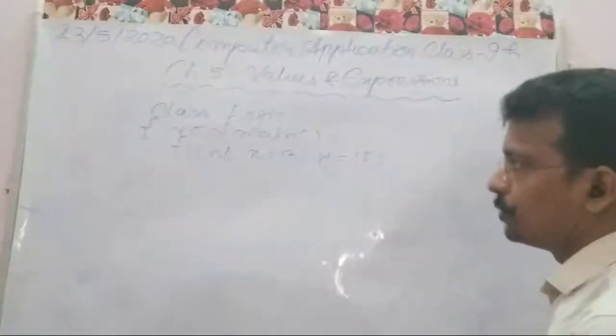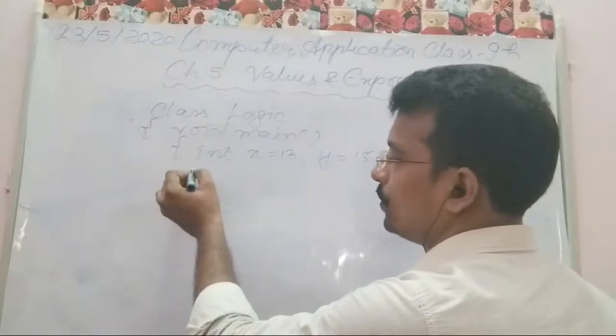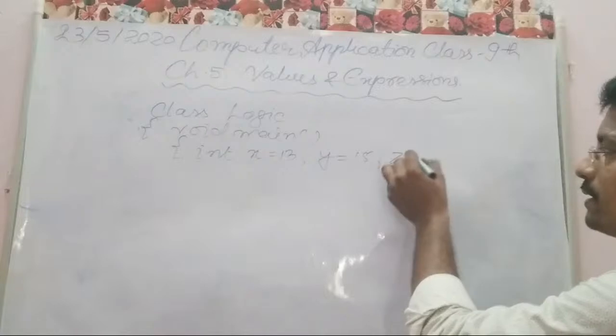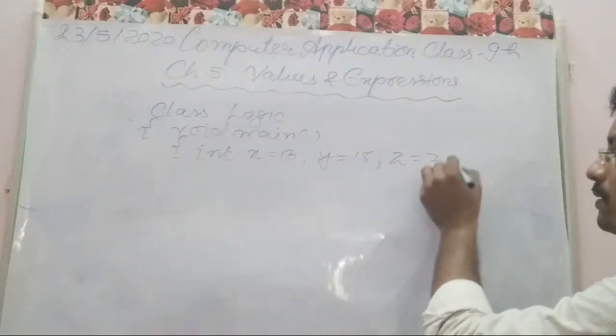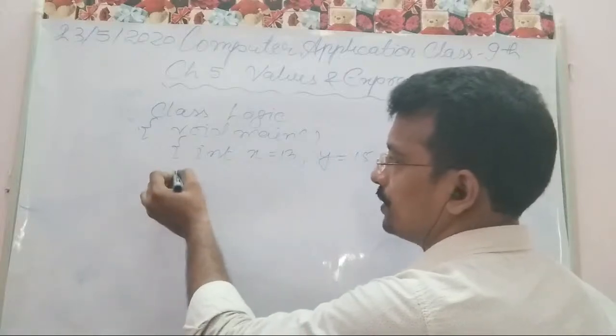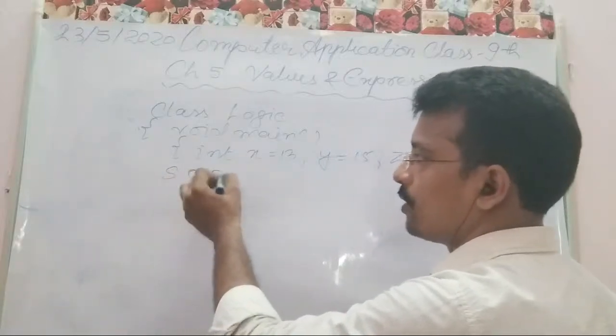Suppose these are two variables and we have to compare them. And one more variable I am taking, z, so three variables, and now I will make the condition. You will directly call system.out.print.